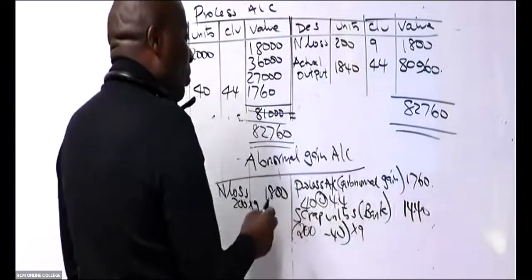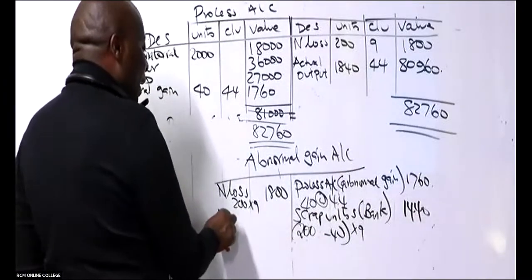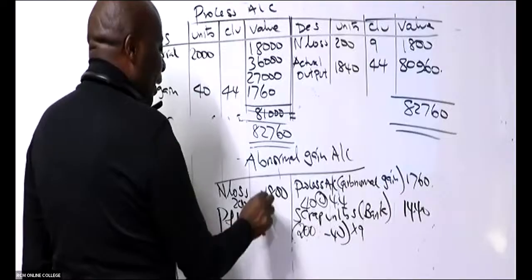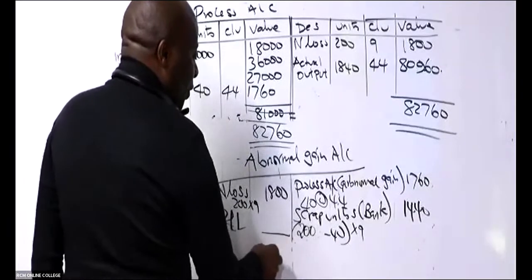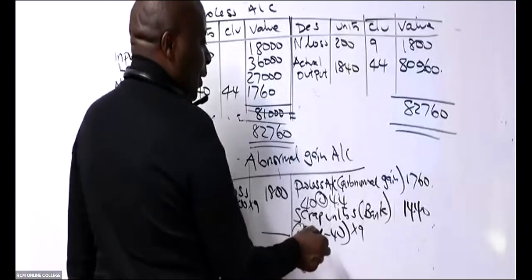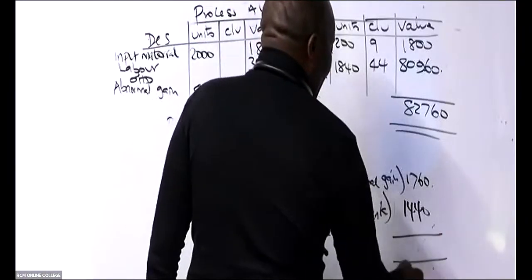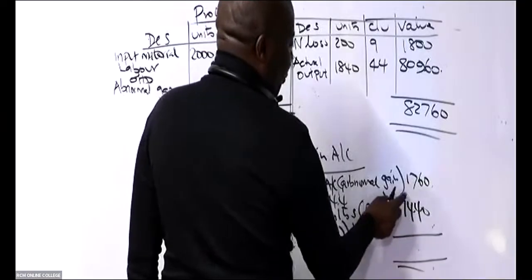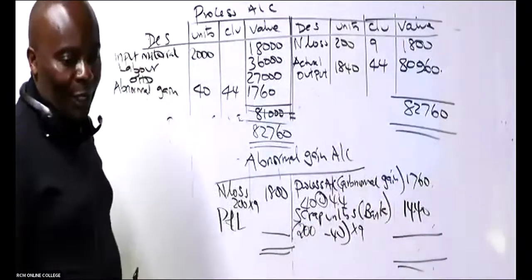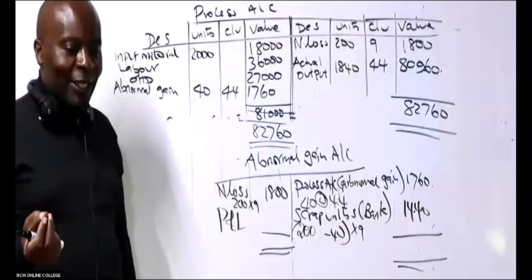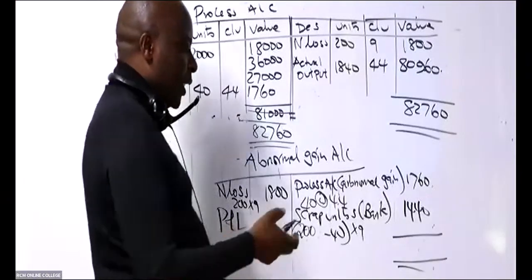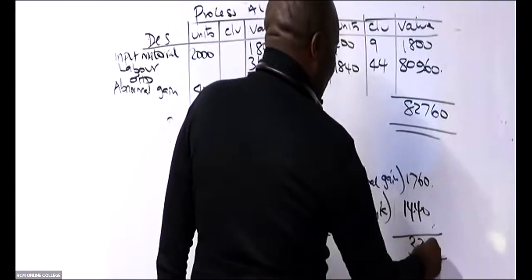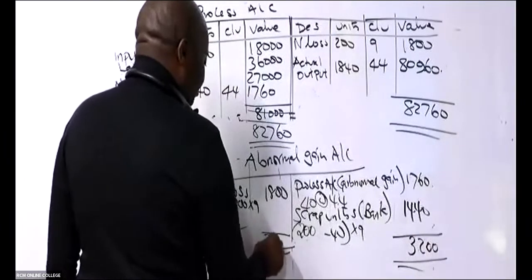Given that this is an abnormal gain, you are going to take a gain here to the P&L, profit and loss account. So come here and balance the two sides. Is there somebody who is able to give me 1440 plus 1760? How much are we getting? I'm so sure by the time I do the second one, you'll be very good. I'm being given 3200. So this side must also be 3200.